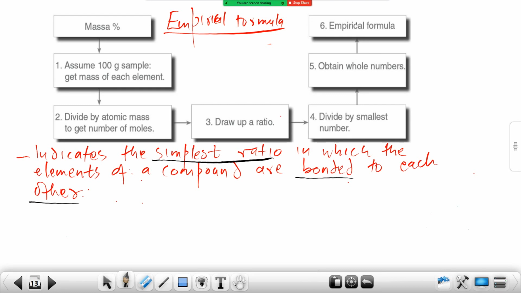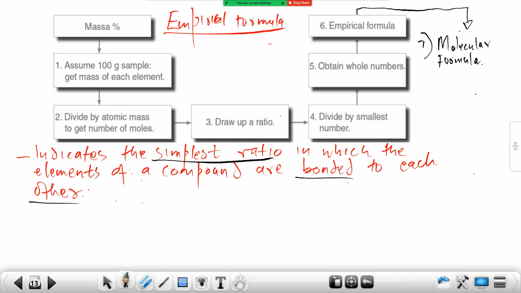But before we get to the empirical formula, there is a step that I want us to add, which is now number 7. Number 7 is getting the molecular formula. But this is just a bonus thereafter.